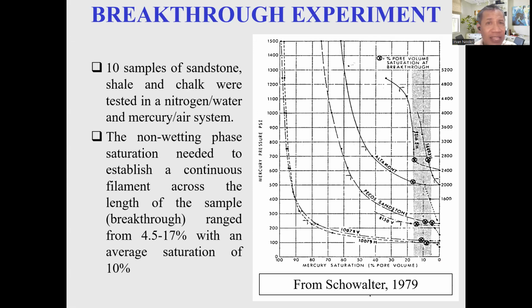The non-wetting phase saturation refers to the amount of fluid that doesn't easily wet or spread across the porous material such as sandstone, shale, or chalk. In this experiment, it was found that to achieve continuous flow of this non-wetting fluid through the entire sample, the breakthrough saturation level needed ranges from 4.5 to 70% with an average saturation of 10%.